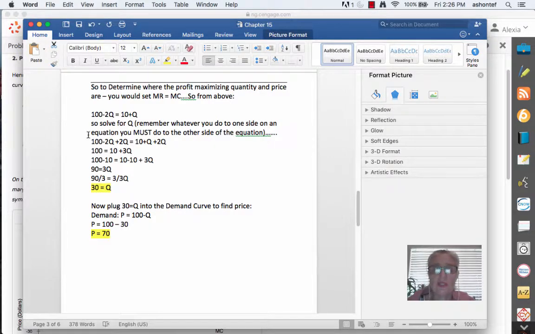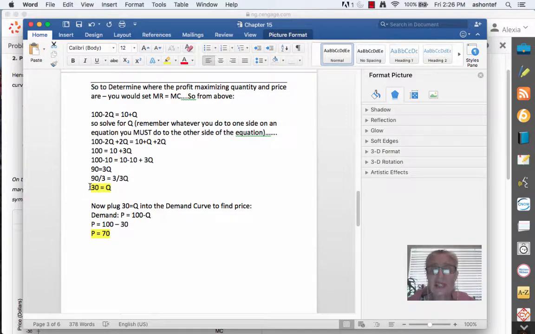This is just a quick overview of what we've done. Mathematically, whenever you have an equal sign between things, remember whatever you do to the left, you must do to the right side, or vice versa. Whatever you do to the right side, you better be doing to the left side to maintain the equality of these two. So if we go through and get everything to the Q, we find Q equals 30.